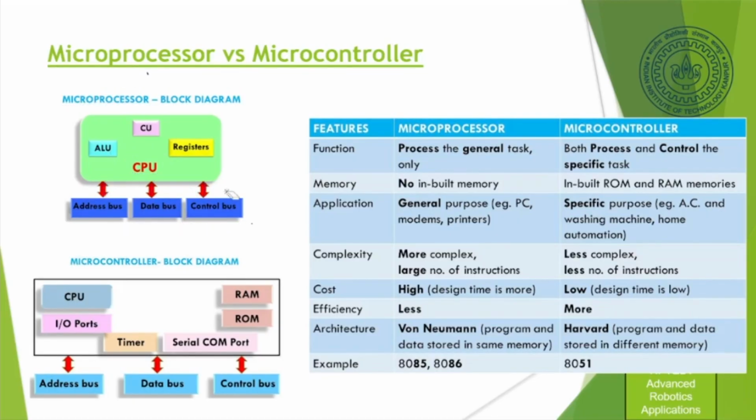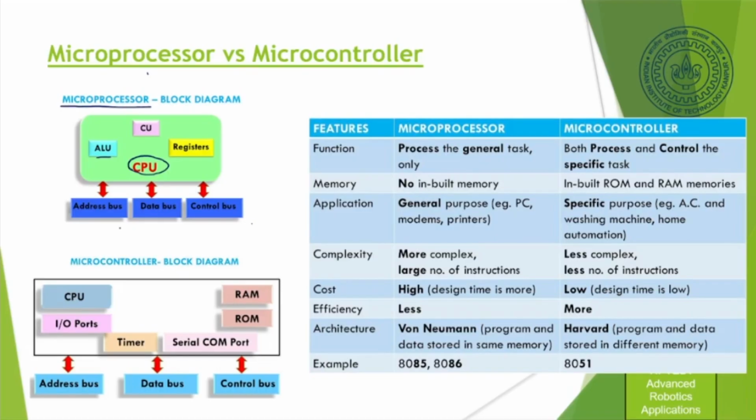Now this block diagram shows the microprocessor. In the microprocessor, there is a CPU, the central processing unit, and an arithmetic logic unit, the ALU. There are registers in which the computation is done, and then the data is pulled from the register, or it can be stored in the register.